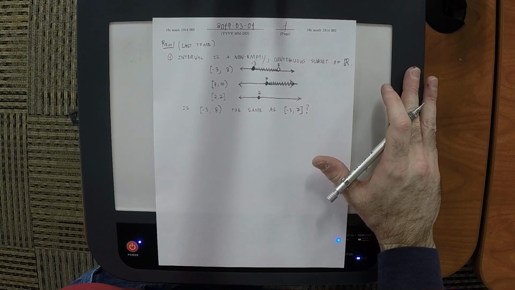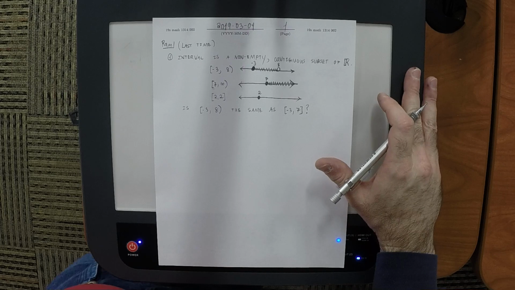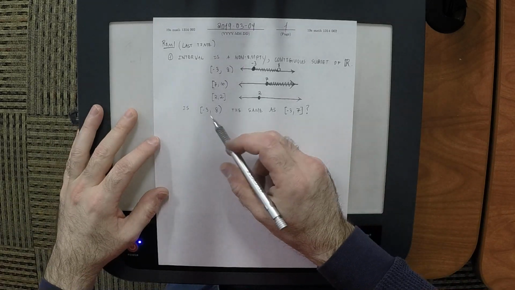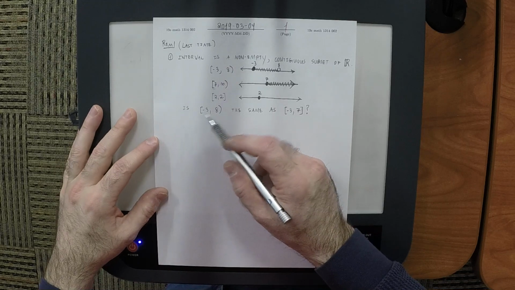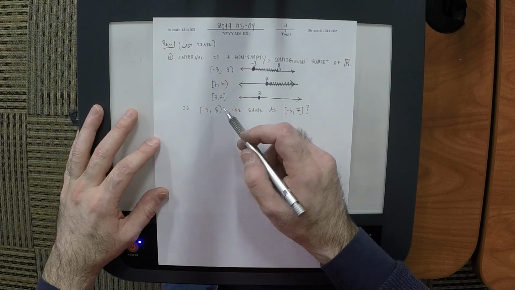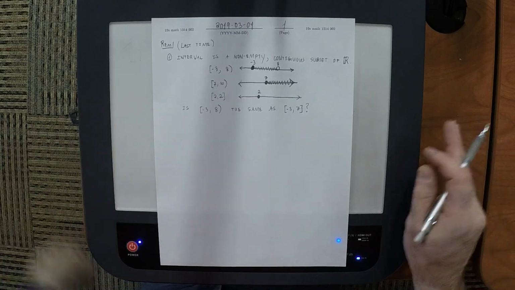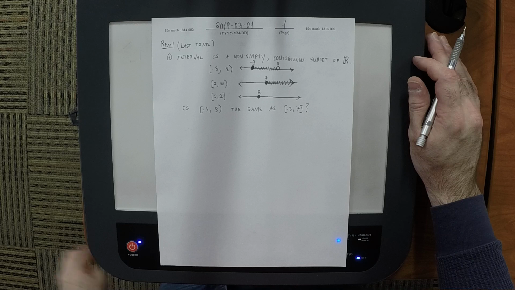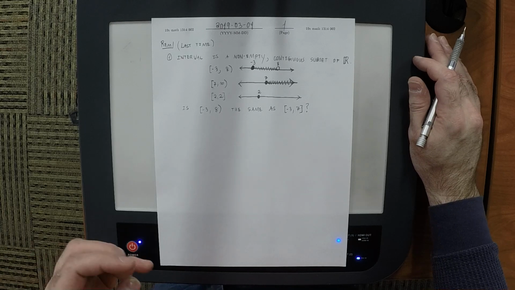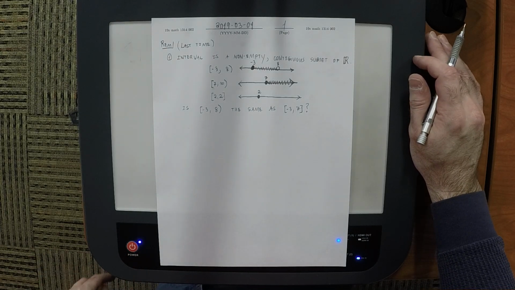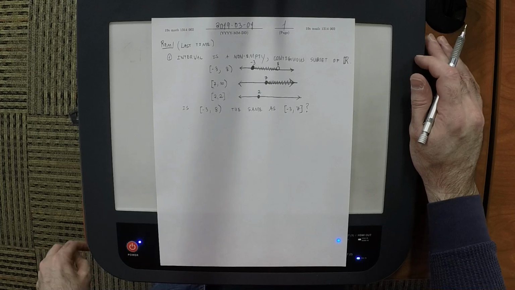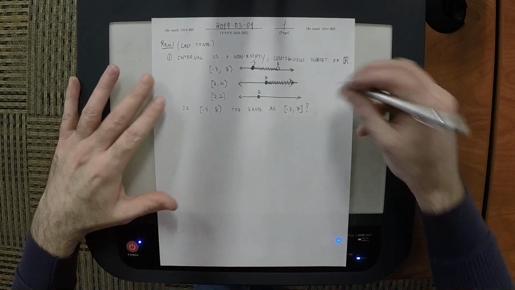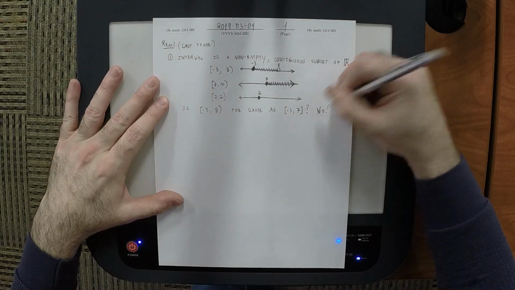Are those the same? No, they're not the same. But wait a second. If this is numbers up to but not including 8, isn't 7 the number that comes before 8? The integer that comes before 8. All right, it's the integer that comes before 8, but are there any numbers between 7 and 8? Yeah, there's a lot of them in there, actually. So the answer to this question is no.